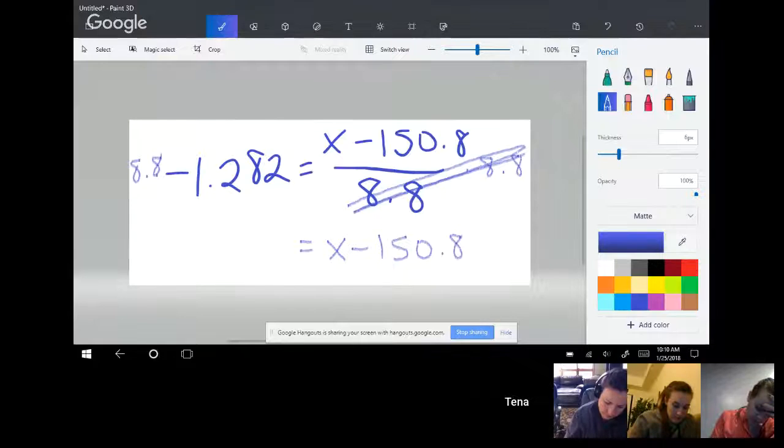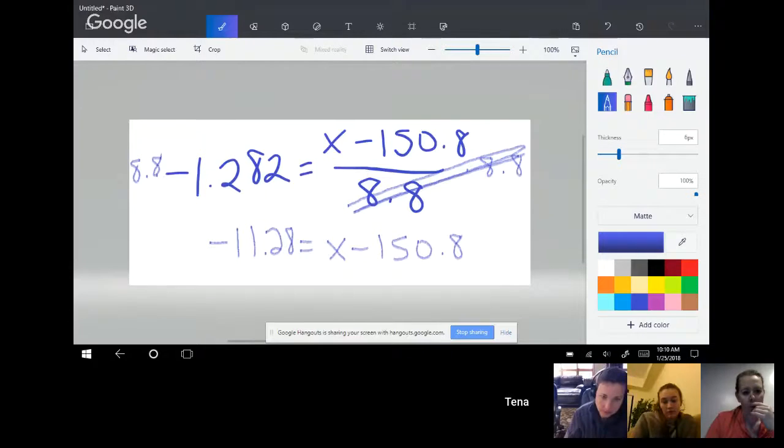That's right. 8.8 times, and then you hit that negative button, and it puts it in parentheses. Times the negative button. Okay, and then it's 1.282. Negative 11.28? Yes. Negative 11.28. So then what would we do at this point?